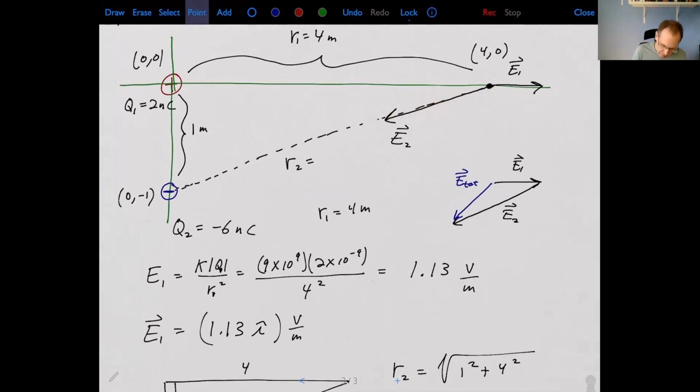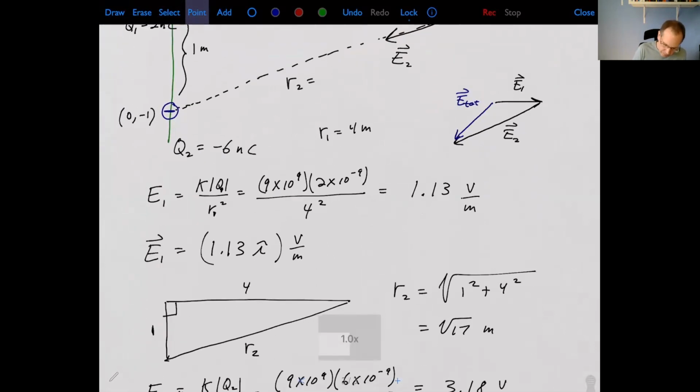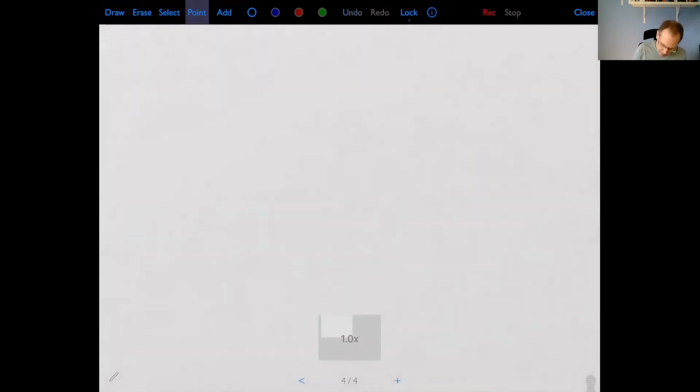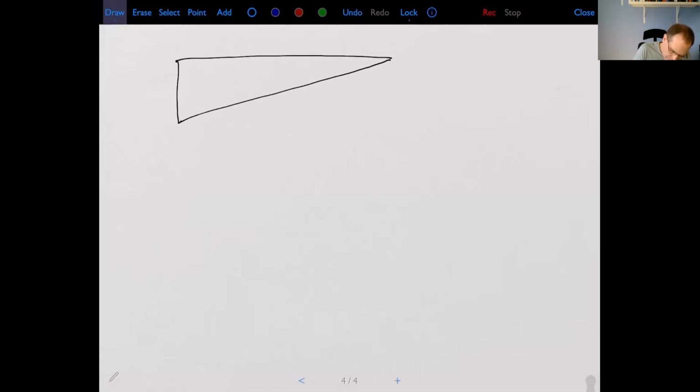This direction. So again, using basic trigonometry, let me go to another page. Remember, this length is 1 meter. This is 4. We're looking for this angle theta. I know that the 1 is opposite the angle and the 4 is adjacent, so tangent relates them together.